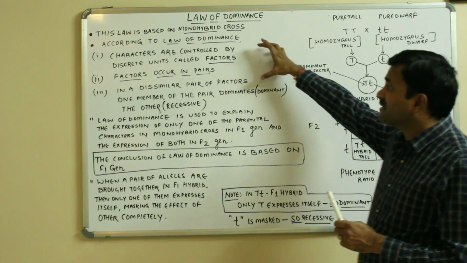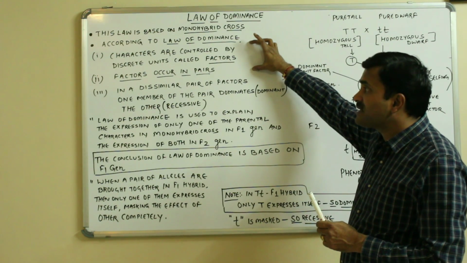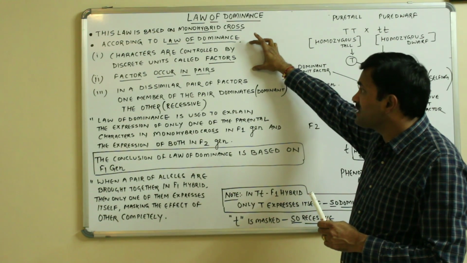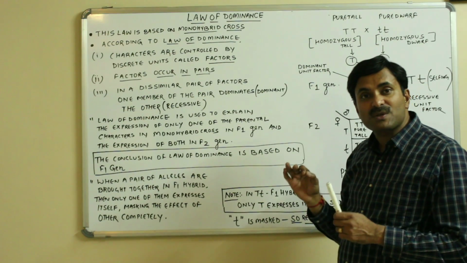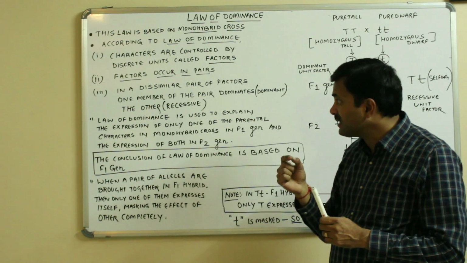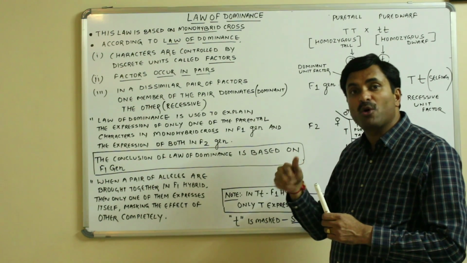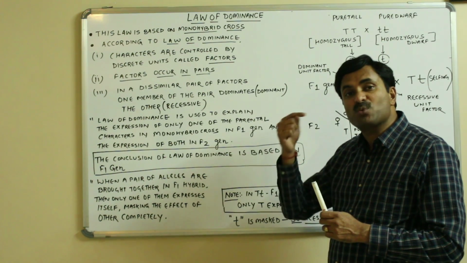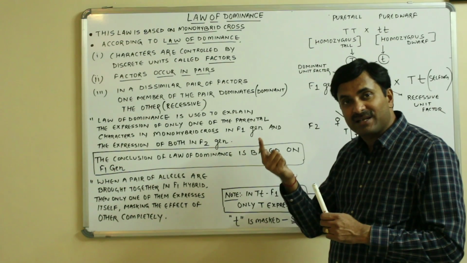So these are the 3 important points. Characters are controlled by discrete units called factors. Factors always occur in pairs, and in a dissimilar pair of factors, one member of the pair dominates the other, meaning one is dominant over the other.